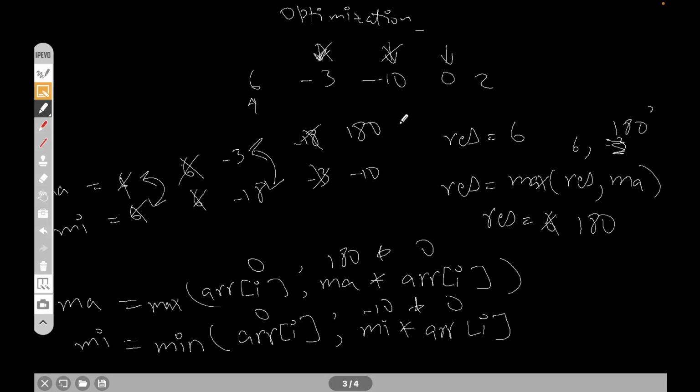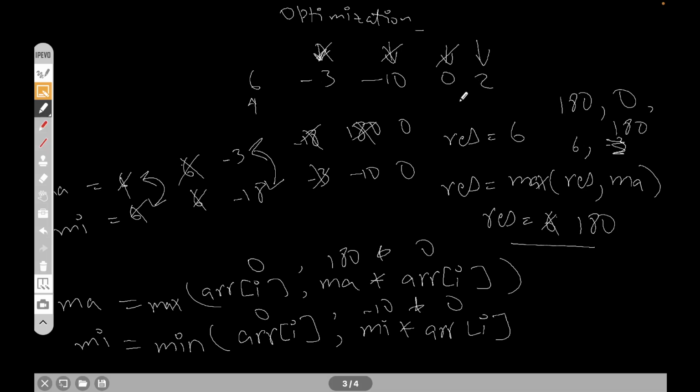And this gives you 0, this also gives you 0, so the minimum of both of that will give you 0. Then you check 0 comma 180: 180 was your result, and 0 is your ma right now. So you are not going to change anything, and again your result will be 180. Now we'll move to 2.